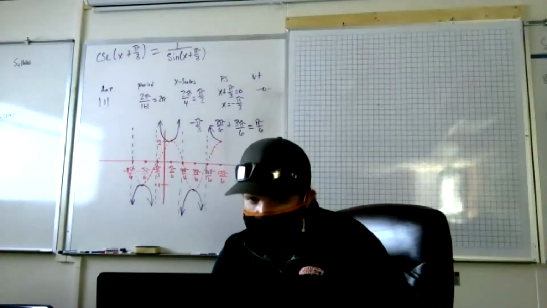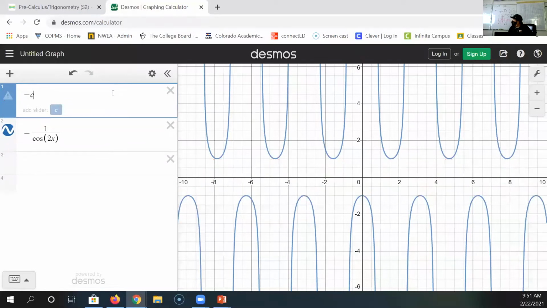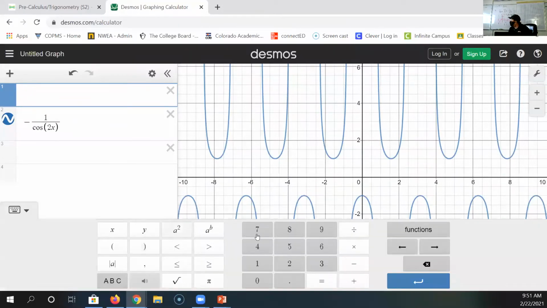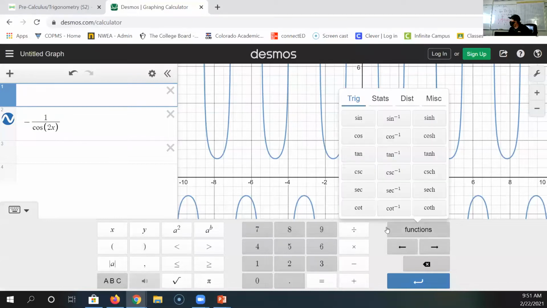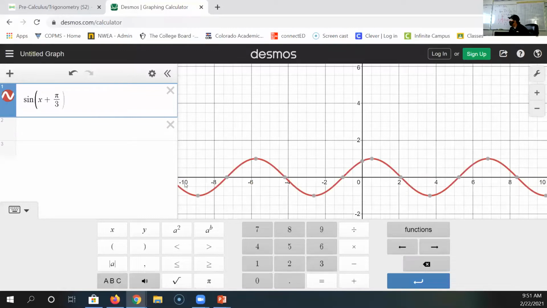rather than trying to locate them as tangent. I think it's more consistent that way. So if we're just looking at it, it was a sine function, sine of x plus pi thirds, right there.